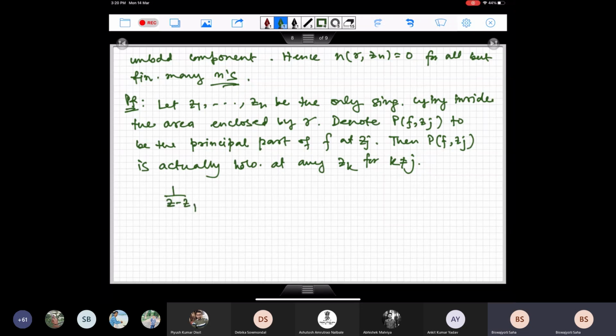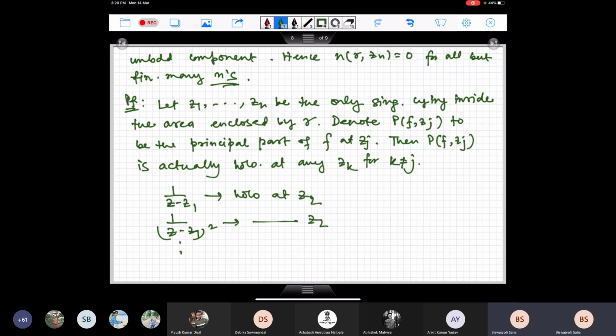If I think of, let's say, z minus z1, then clearly this function is holomorphic at z1, z2. Similarly, (z minus z1) squared is also holomorphic at z2. And even if there are infinitely many terms, like in the Laurent expansion around z1, I know about their uniform convergence.